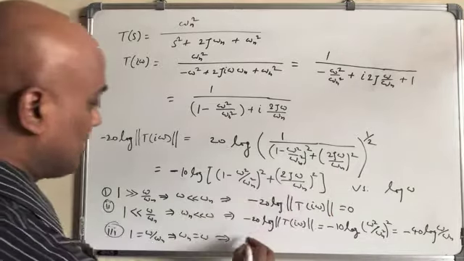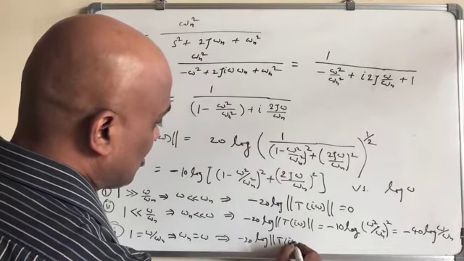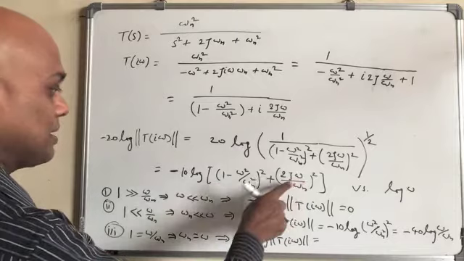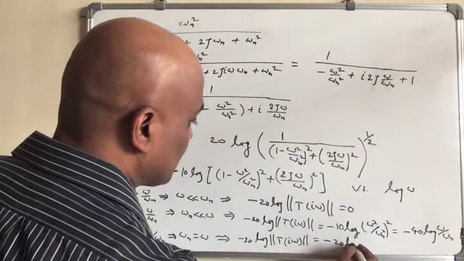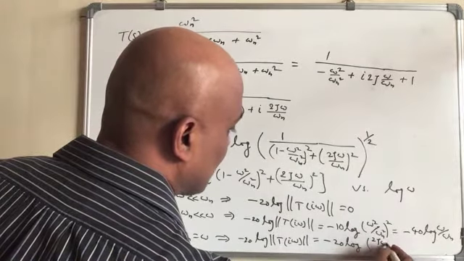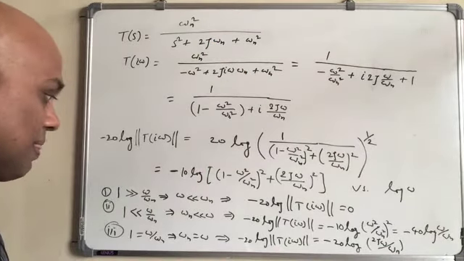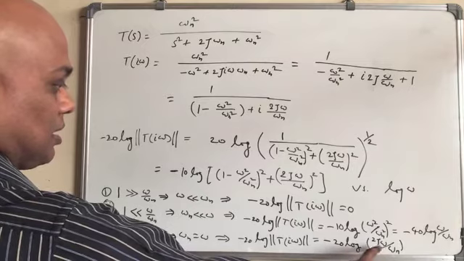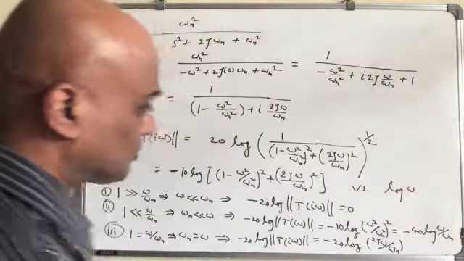So you will have minus 20 log T I omega equal to minus 20 log 2 zeta omega over omega n.